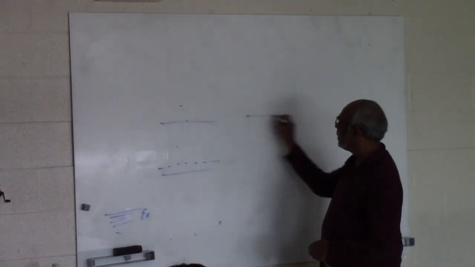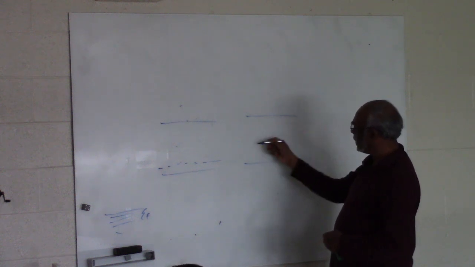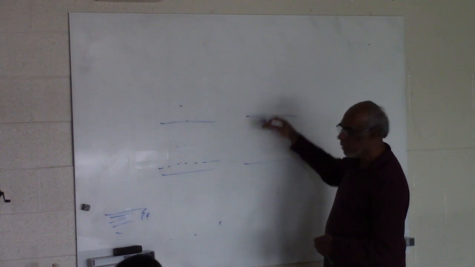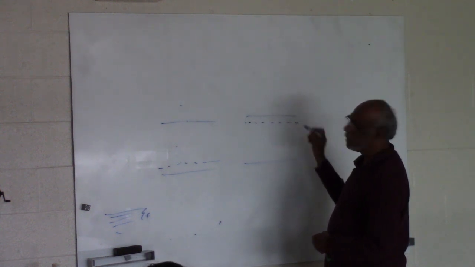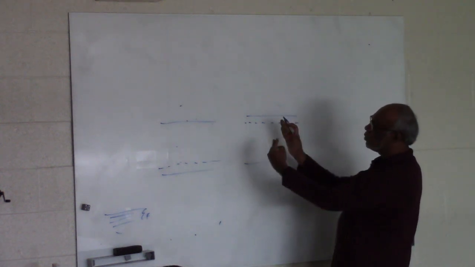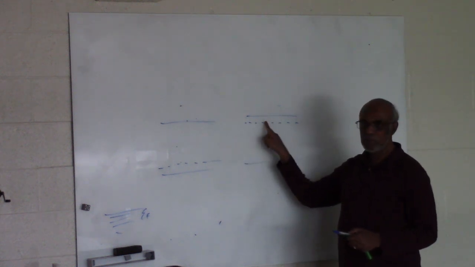If you have n-type, typically intrinsic is here, and n-type means you have more electrons, so your Fermi energy is going to move towards the conduction band edge, right? Now if you bring these two together, this is one system, you cannot have two different Fermi energies.